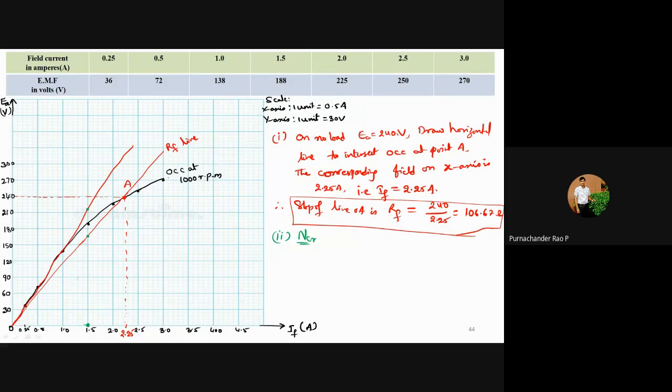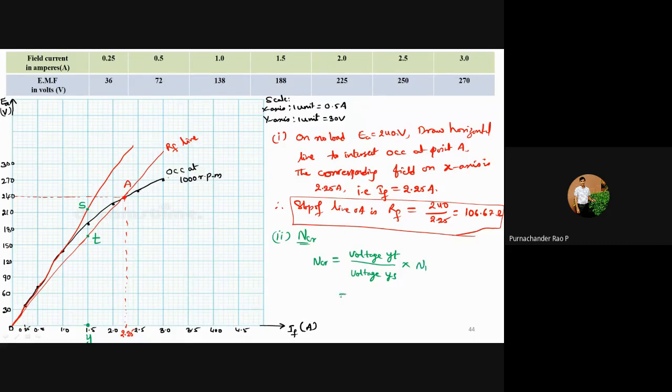So this is the point Y I will consider, and this is the point T, and this is the point S. As per our critical field resistance formula, NCR is equal to the voltage YT divided by voltage YS into your speed N1, that is a normal speed N1.